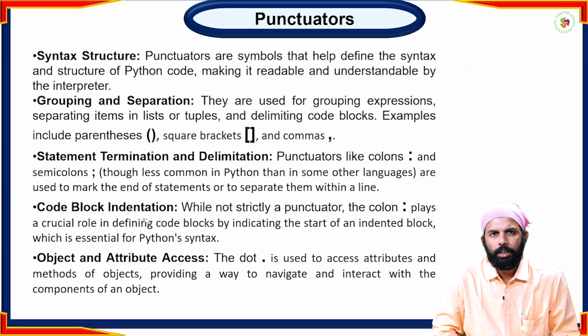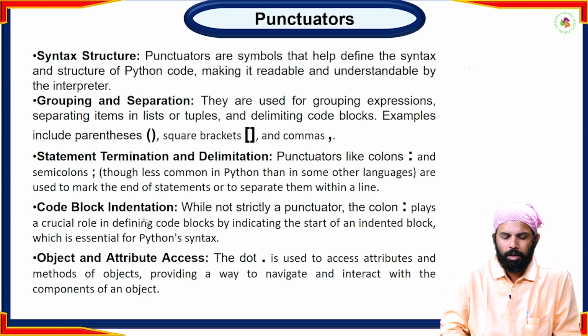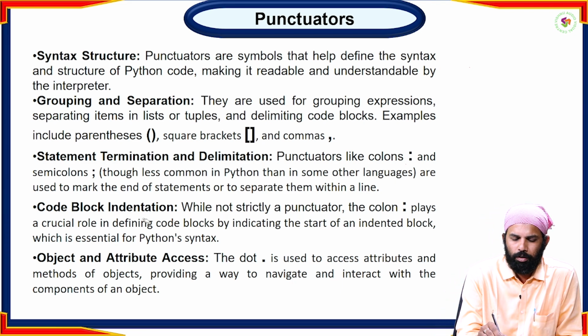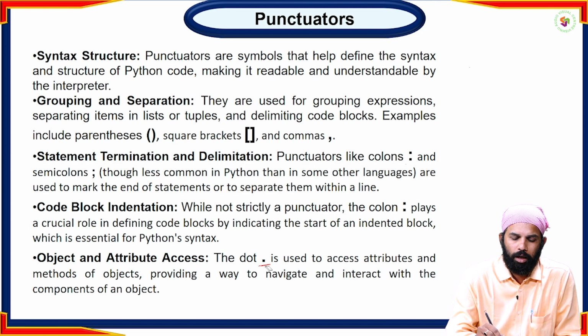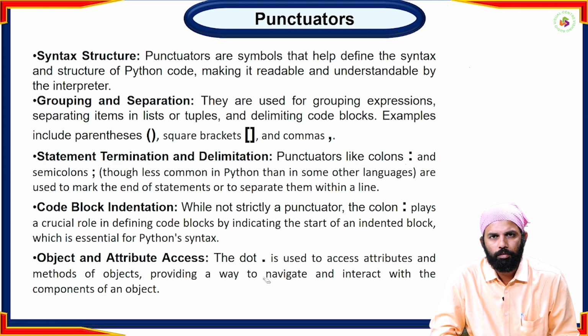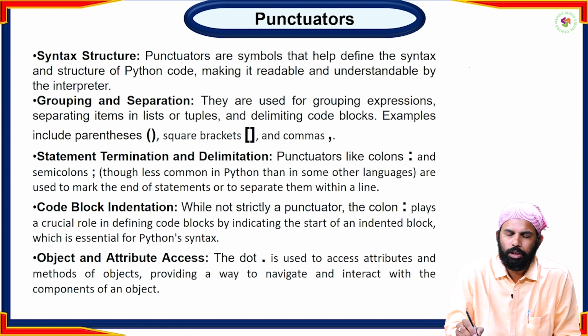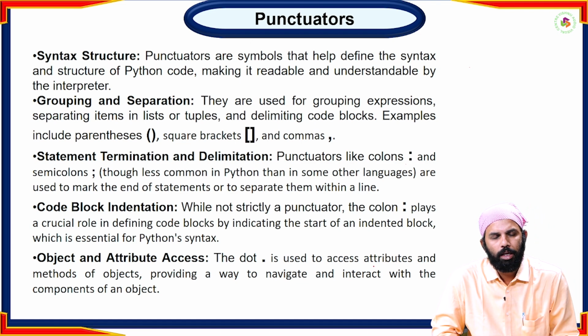If we are concentrating on the object-oriented paradigm, then there comes the usage of the dot operator, which helps an object be referred to with respect to its own data fields and methods. It is used to access the attributes and methods of objects, providing a way to navigate and interact with the components of an object.